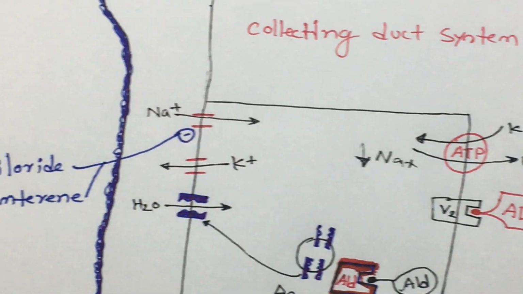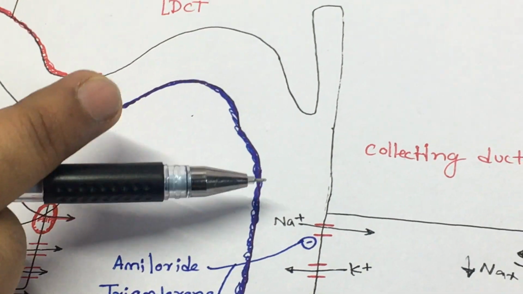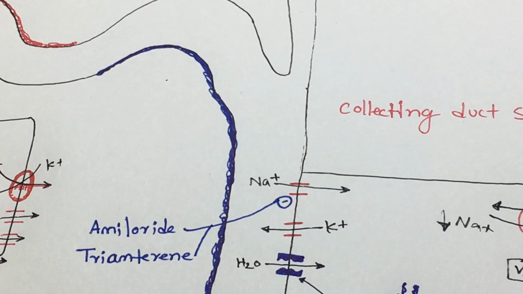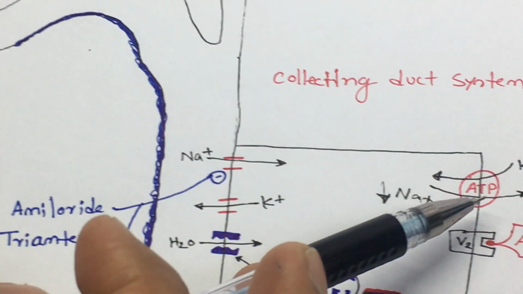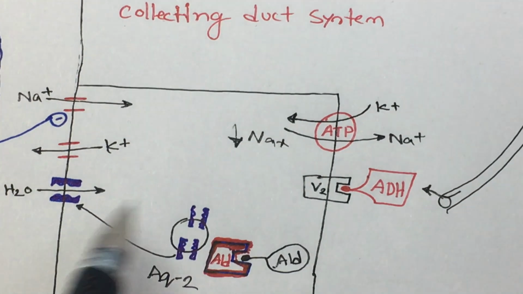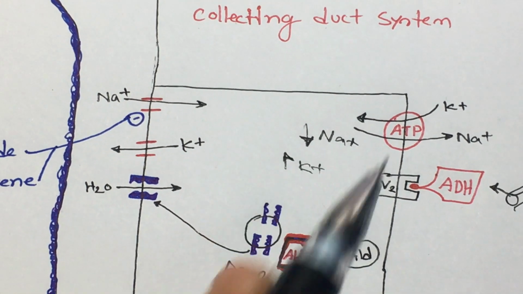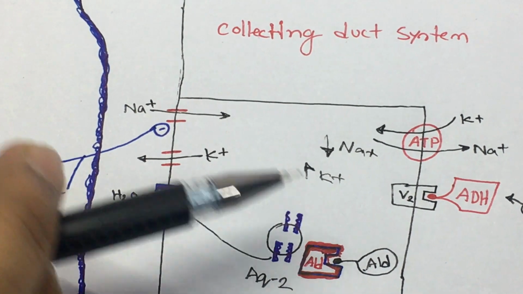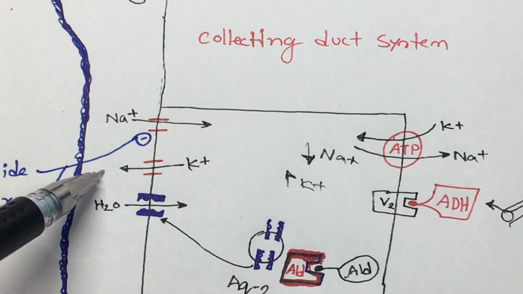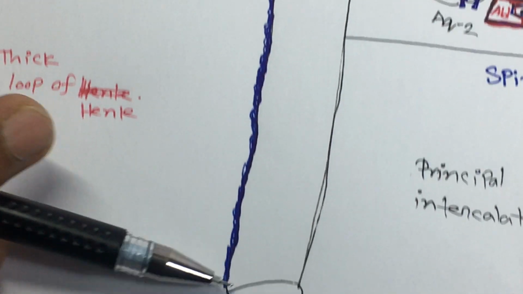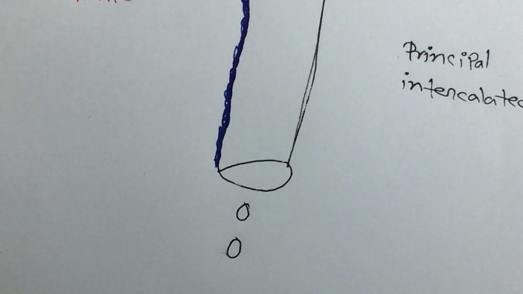So from the luminal area, sodium will be reabsorbed. And we know one function of this ATPase is to increase the intracellular potassium level. So from the cell, potassium will be excreted into the luminal area, and eventually excreted into the urine.